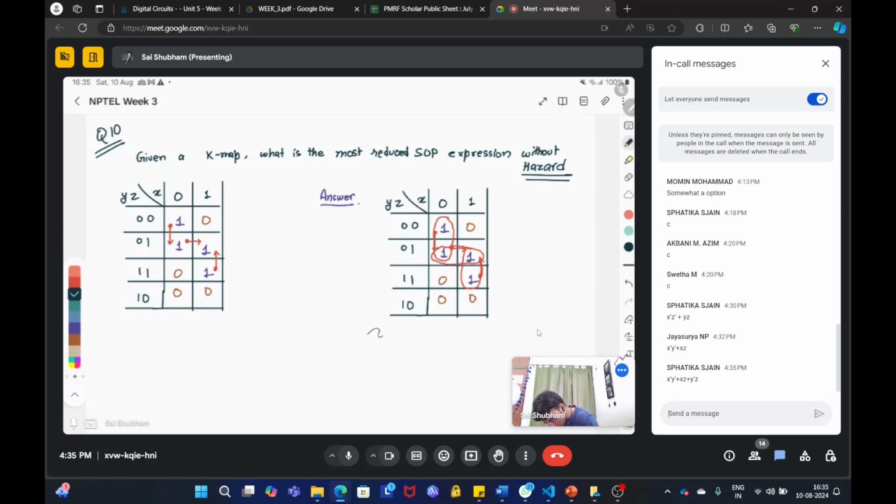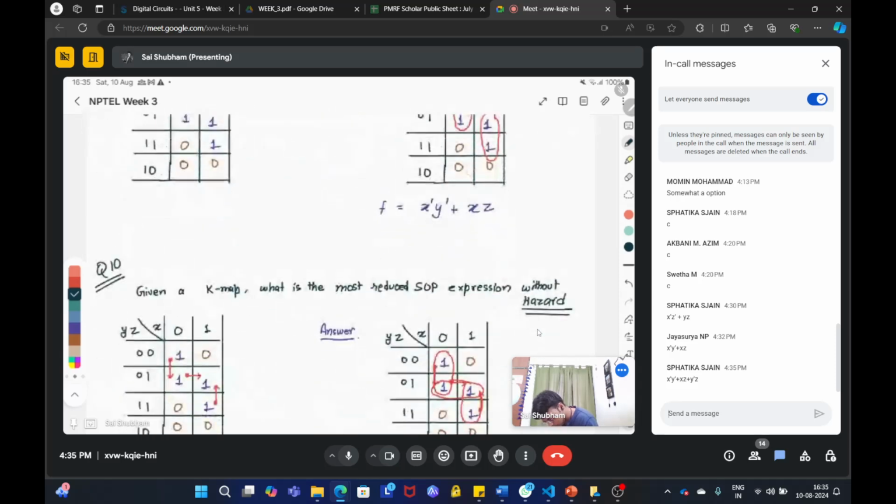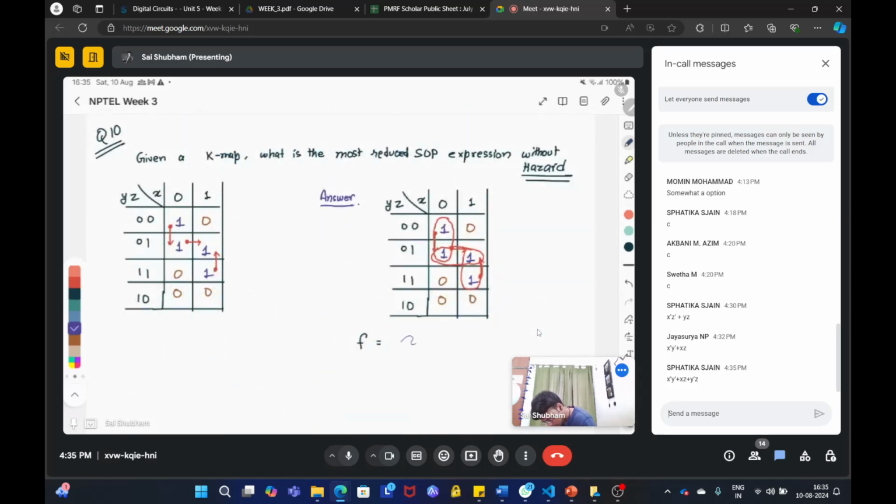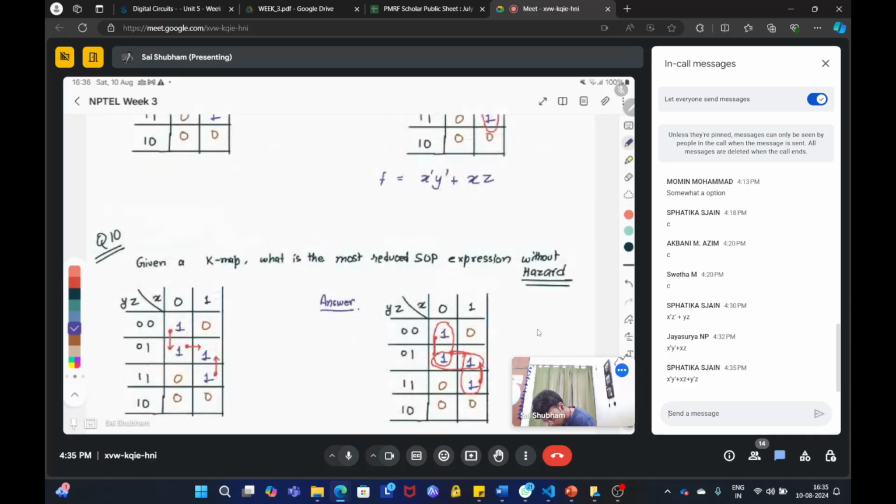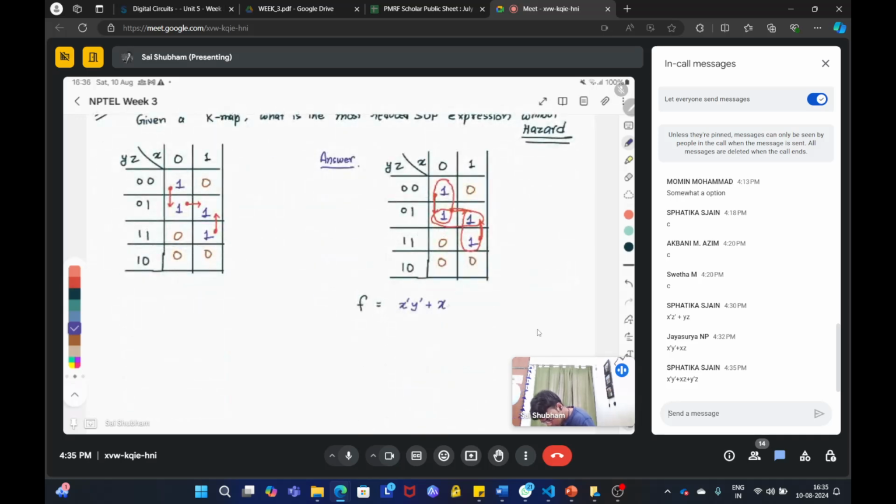The expression will be x bar y bar plus xz plus y bar z.